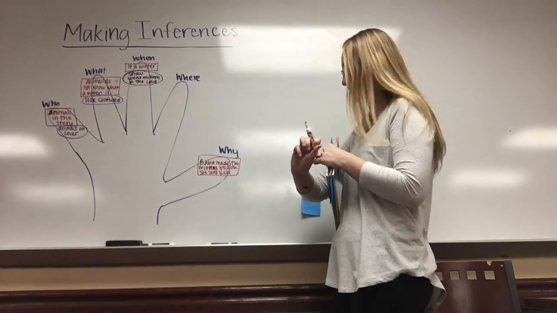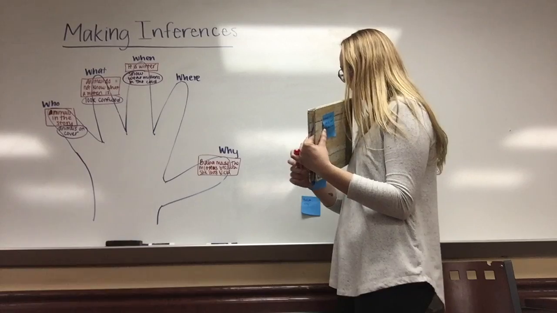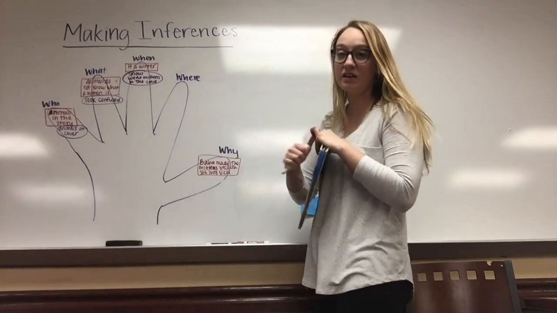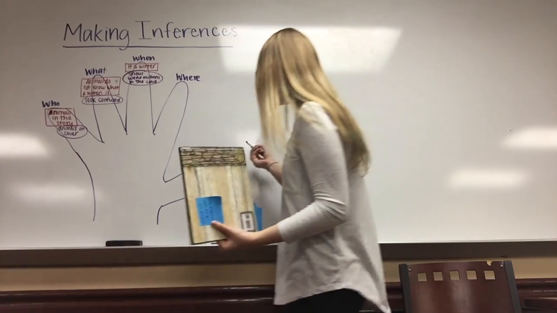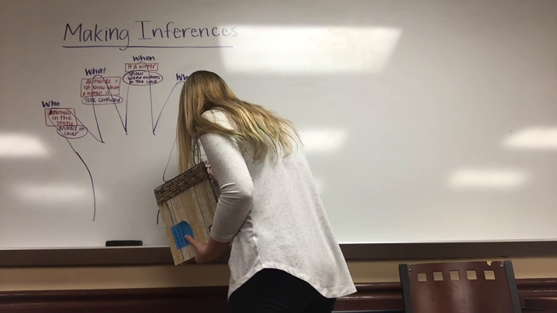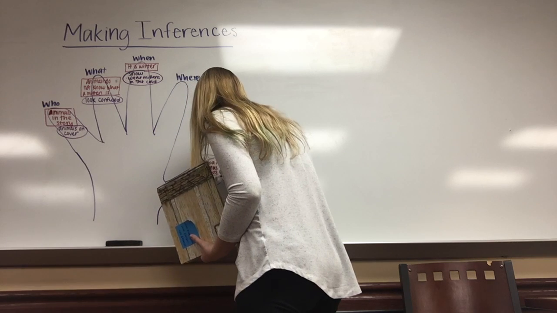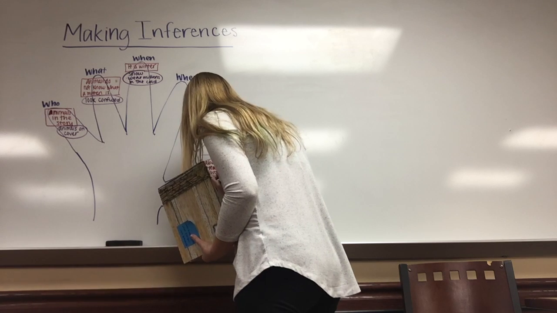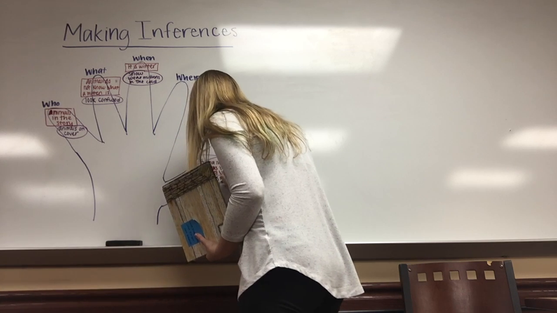And our evidence for that is in our schema, in our background knowledge, because we know that our grandmothers love us. So that Baba is Nicky's grandmother. She must love him.